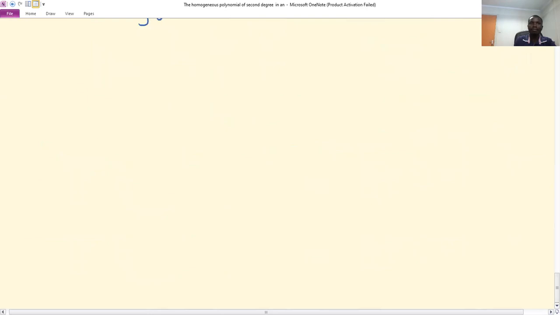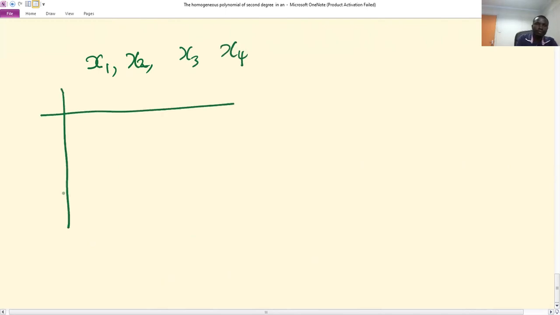But the structure is better when you label your variables as xi's. So if we work with 4 variables, x1, x2, x3, x4, then we write this structure: x1, x2, x3, x4, x1, x2, x3, x4.